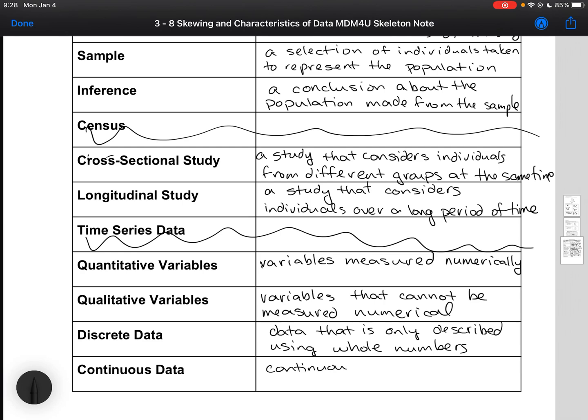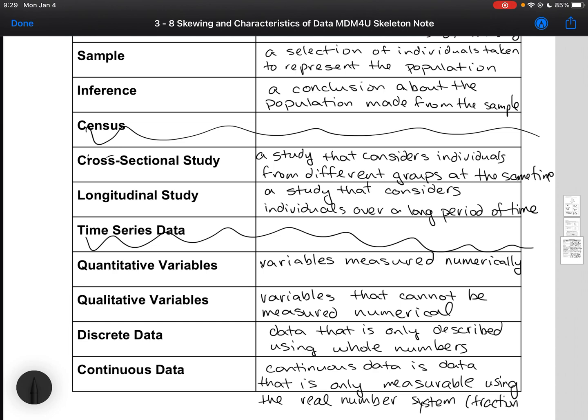And continuous data is data that is only measurable using the real number system. Which is to say fractions.